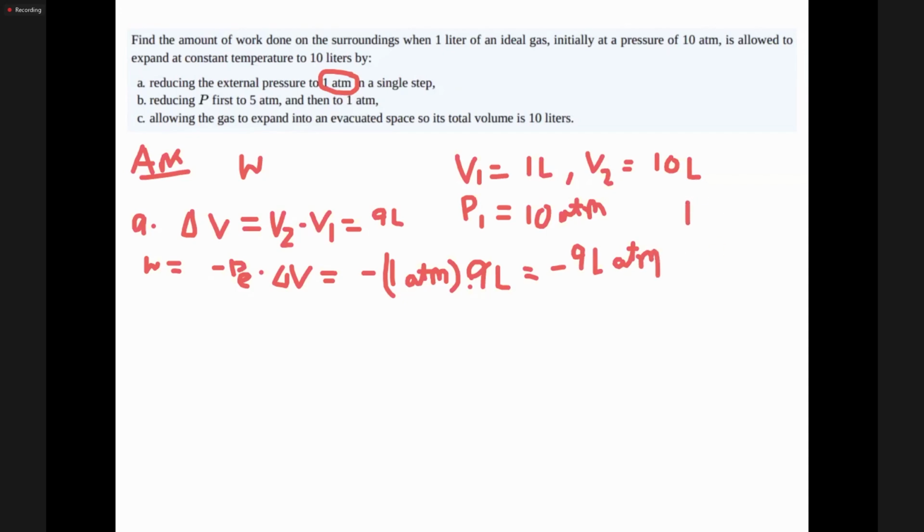If you know that 1 liter atmosphere corresponds to around 101 joule, then 9 liter atmosphere will correspond to minus 909 joule. You can also express it in terms of kilojoule or kilocalorie. But for this instance, we will deal with atmosphere and joule because it will be easier to express these terms. Now we will come to question number B.